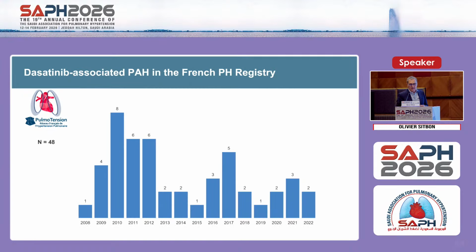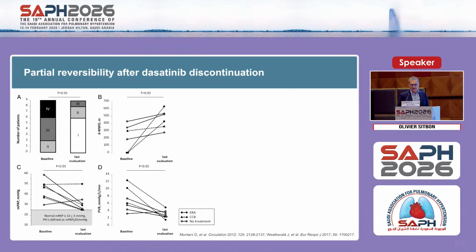And since then, we have regularly observed cases of pulmonary hypertension in patients receiving dasatinib, as reported in the French registry. In the French registry, we regularly have 1, 2, 3 cases a year of patients developing pulmonary hypertension after being treated with dasatinib.